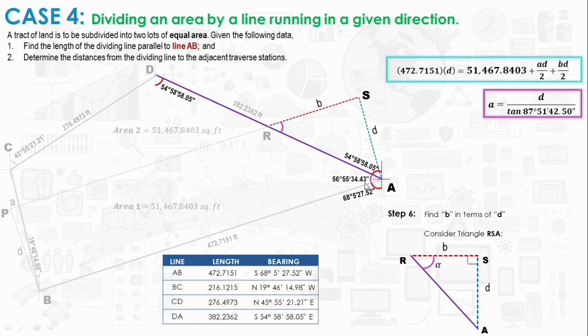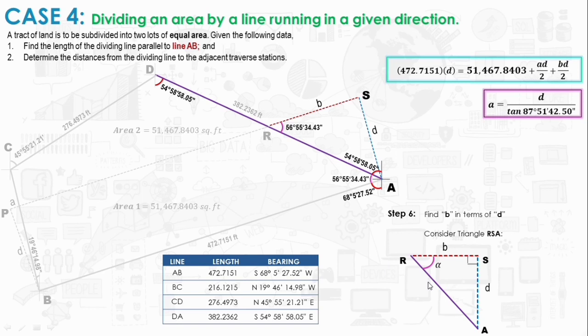So, since nakuha natin siya, if this is 56 degrees, 55 minutes and 34.43 seconds, this should be also equal to 56 degrees, 55 minutes and 34.43 seconds, which is equal to the angle alpha. So, meron na tayong angle ni alpha.